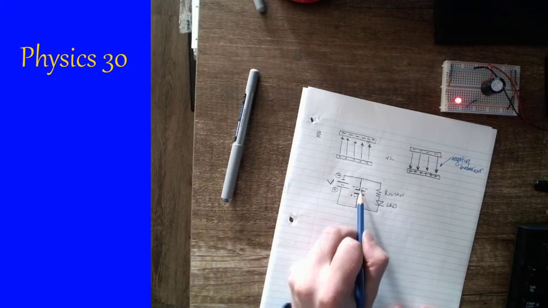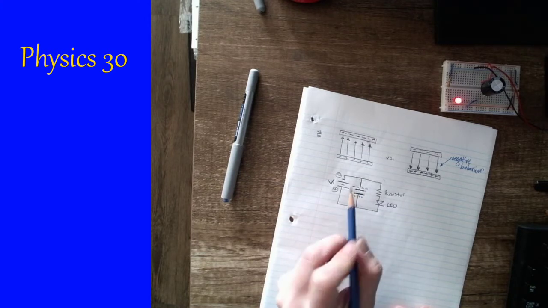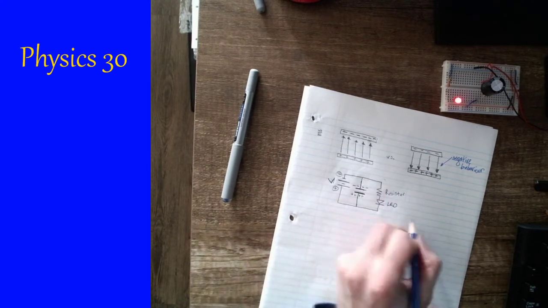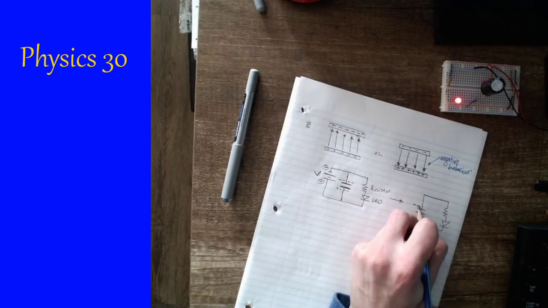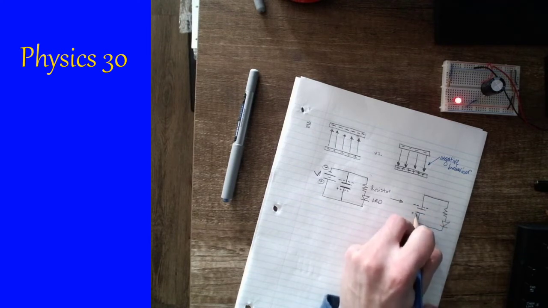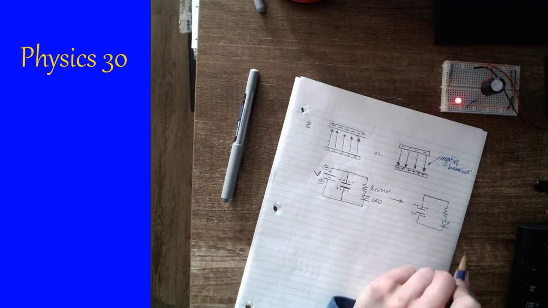And so the voltage source here of the battery kind of leaves this state present for our capacitor. And so what happens when we disconnect the battery is we have our resistor and our LED, and the only thing that's still hooked up is our capacitor. And there's a lot of electrons here, and electrons want to be with positively charged protons.